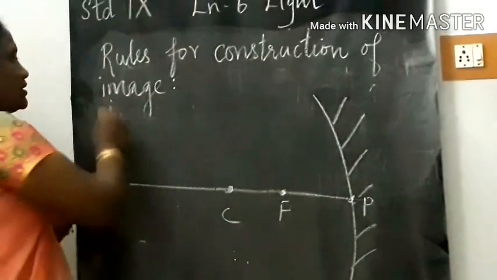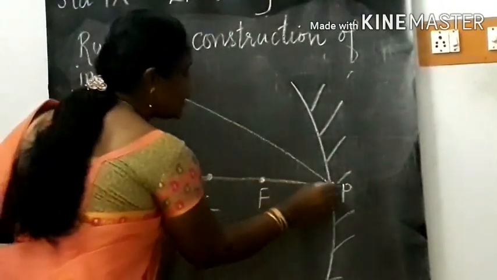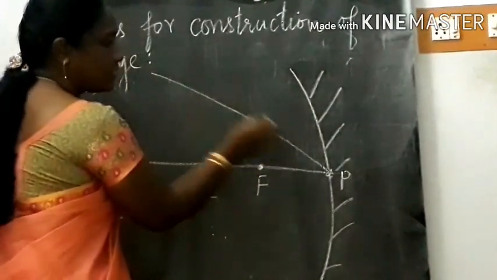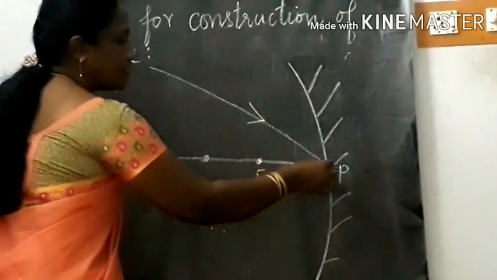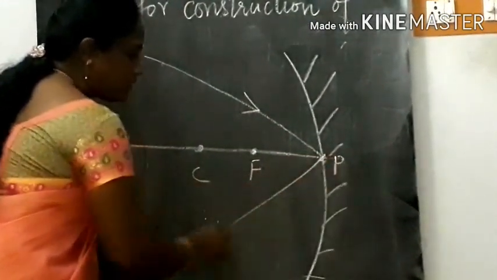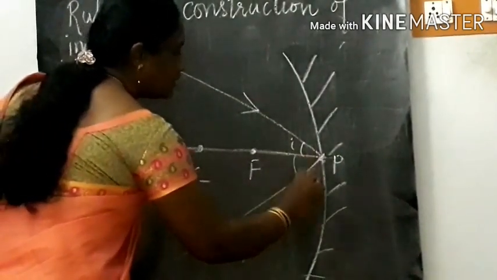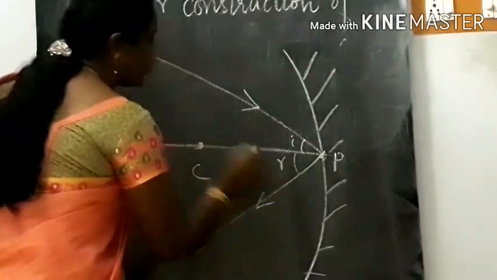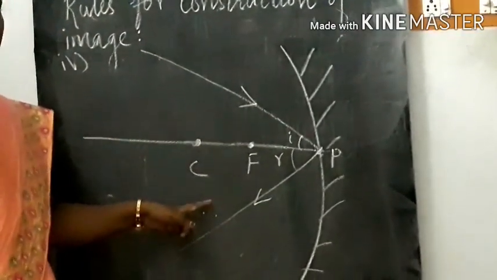The fourth rule is about a ray that is incident at the pole. A ray that is incident at the pole, after reflection, forms an angle. So this is I and this is R, so that the angle of incidence is equal to the angle of reflection.